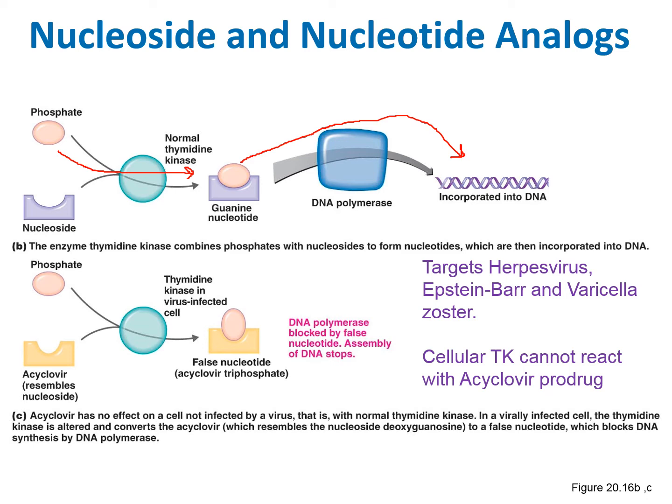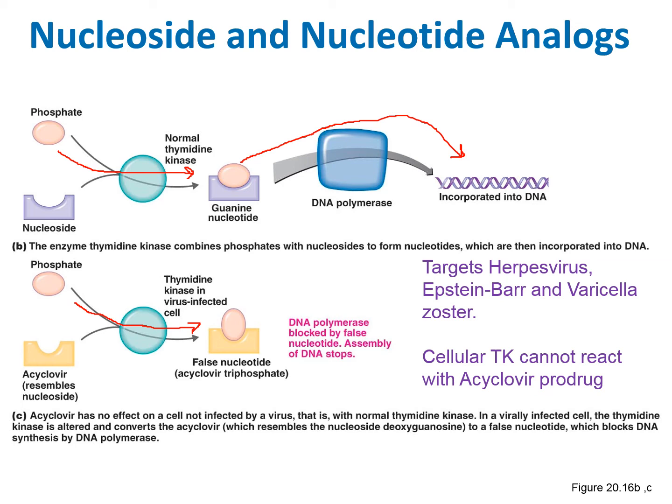Now, acyclovir has been designed so that the viral thymidine kinase will bind it and bind a phosphate and convert that acyclovir into a fake nucleotide. Then the viral DNA polymerase will bind the fake nucleotide and try to insert it into a piece of viral DNA. Now, this will stop DNA synthesis of the virus.